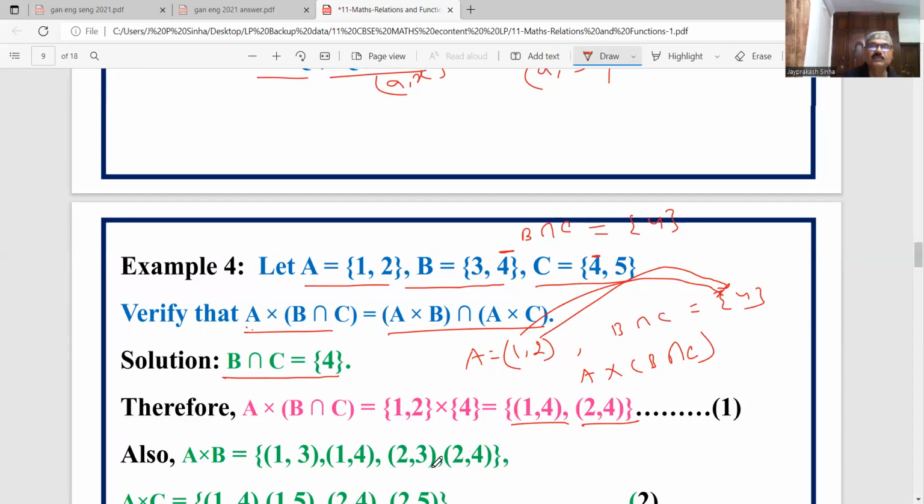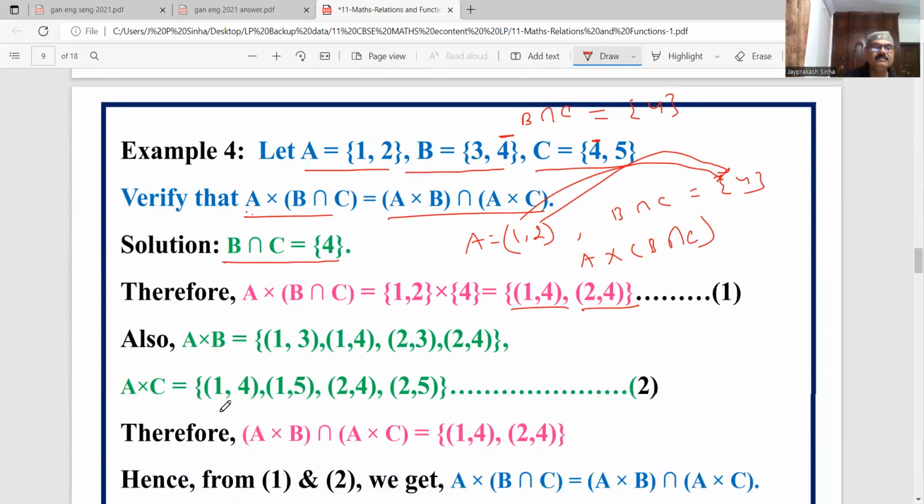For B cross C it would be (3, 4), (3, 5), (4, 4), (4, 5), but we need not do B cross C. We have to check for A cross C. So for A cross B we have (1, 3), (1, 4), (2, 3), (2, 4), and for A cross C we have (1, 4), (1, 5), (2, 4), (2, 5).